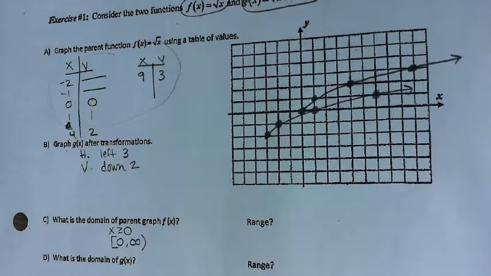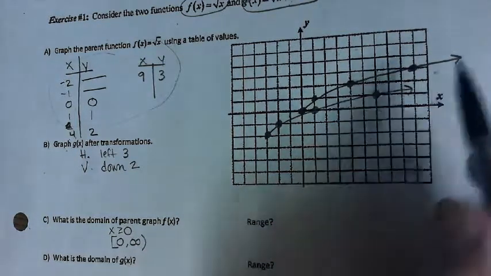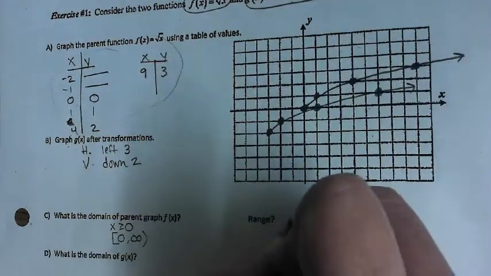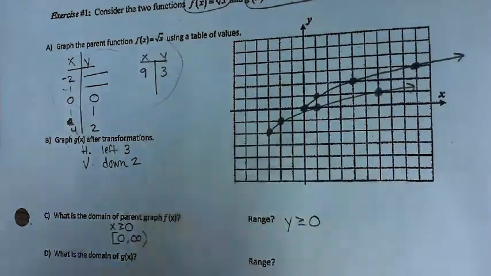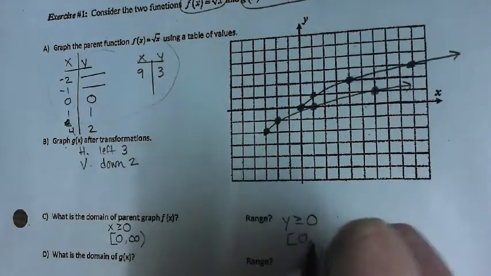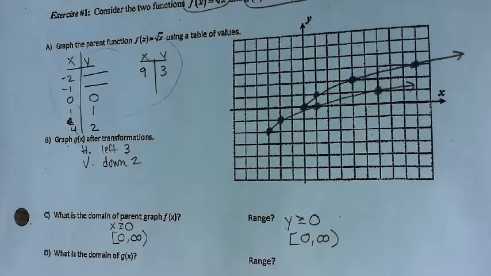The square root of x will be, in that case, I don't know, 100,000. It will keep growing and growing, although it's slow. The range is unlimited up top as well. So the range goes from, set builder would say y has to be greater than or equal to 0. Interval notation would say 0 to infinity as well.